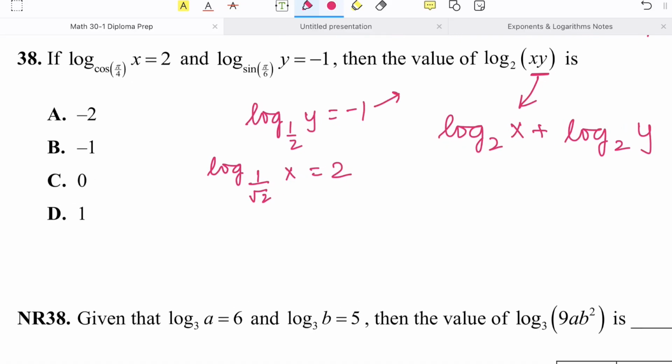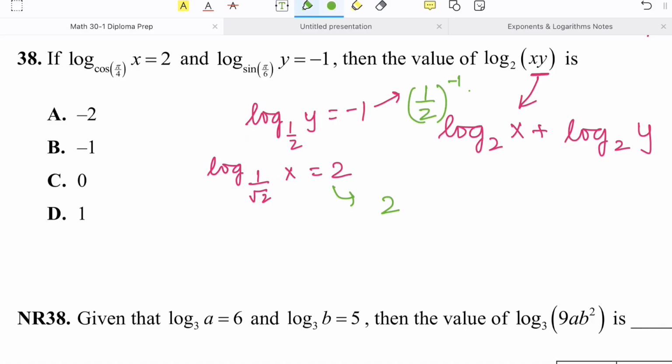So it's going to be -1 to the power of half is equal to y. Oh no, I did this wrong. Our base stays the same, so it's going to be half to the power of -1 is equal to y.